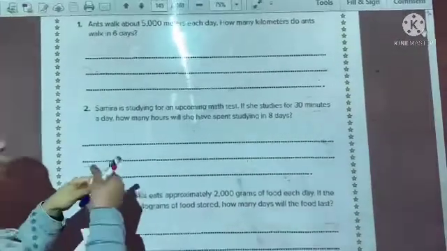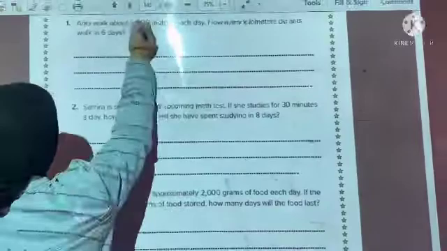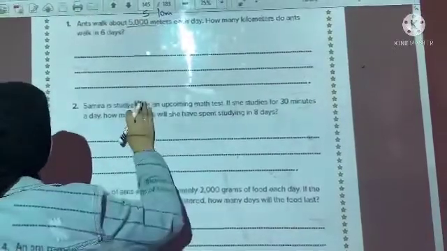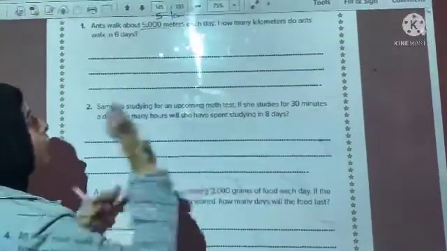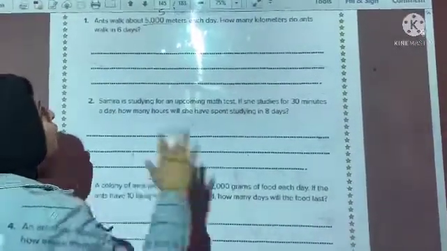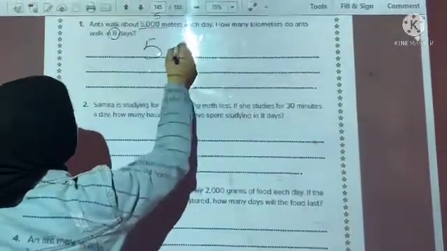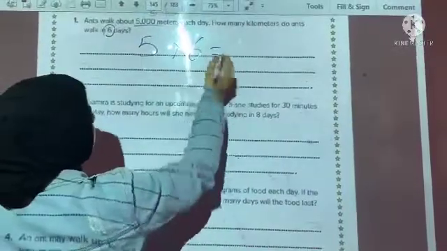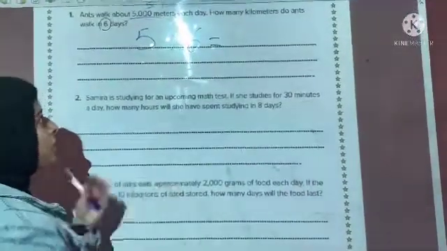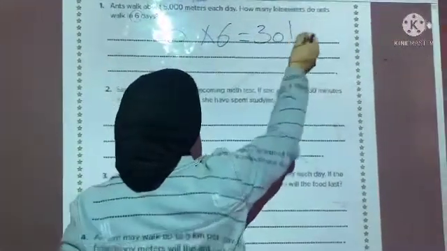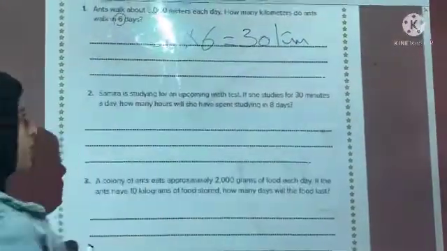I want to convert these 5,000 meters to kilometers. So 5,000 meters equals 5 kilometers. She walks 5 kilometers each day. I want to know the total after she walks 6 days. That means I'm going to make this 5 times 6, because she does this action each day. So it will be 30 kilometers after 6 days.